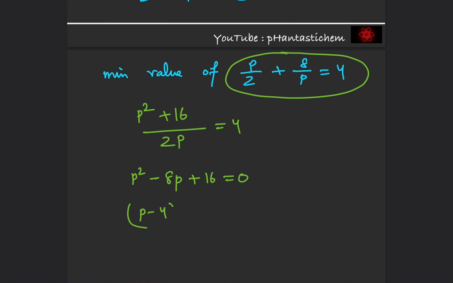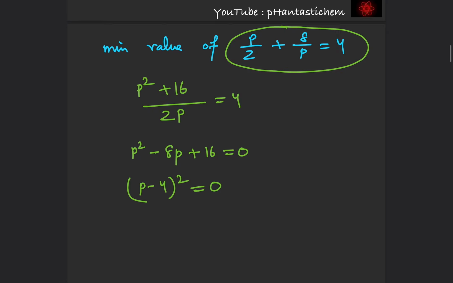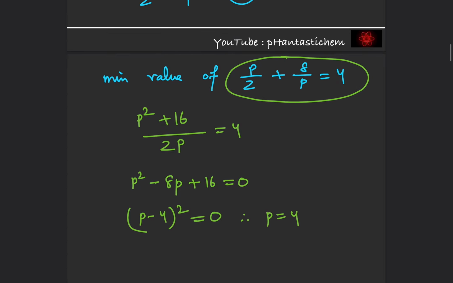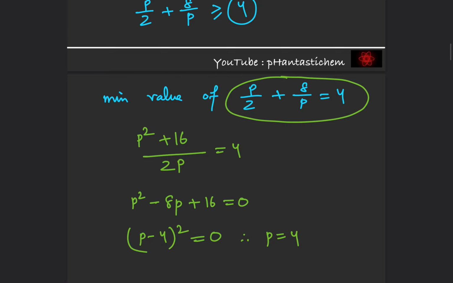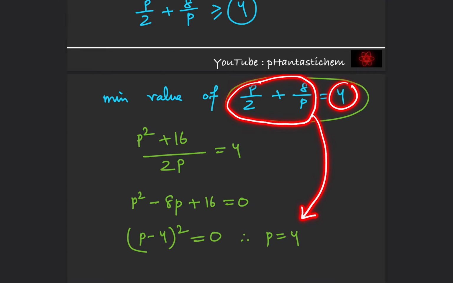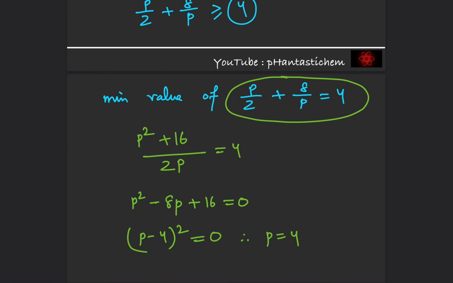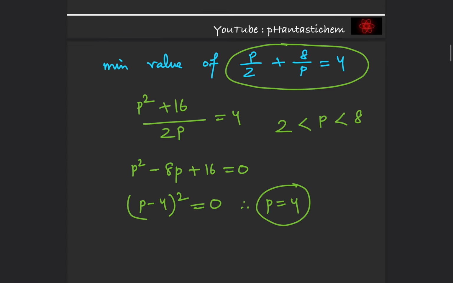So I can write this as P minus 4 whole square is equal to 0. So therefore P will be equal to 4. Okay, so therefore the minimum value of P by 2 plus 8 by P is 4 when P is equal to 4. Okay, and in the question the range of P is given to us as P should be greater than 2 and it should be less than 8. So therefore P is equal to 4 is an acceptable value.